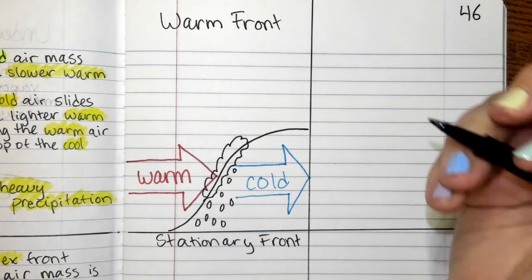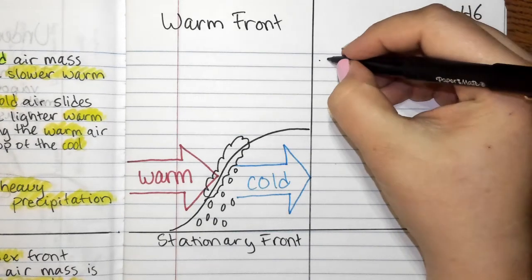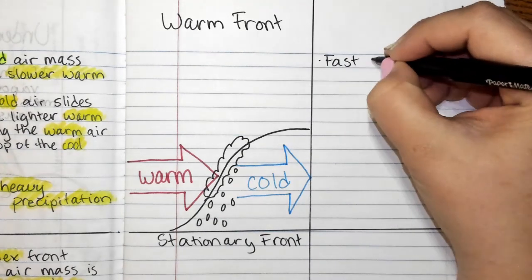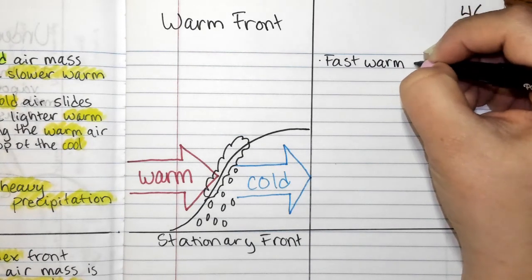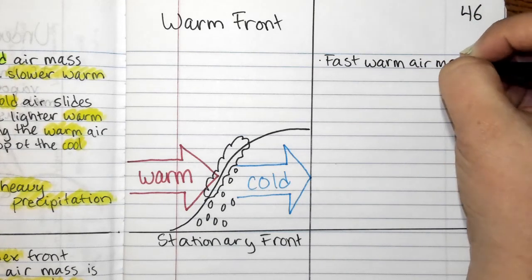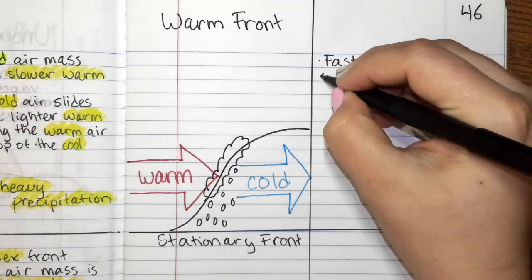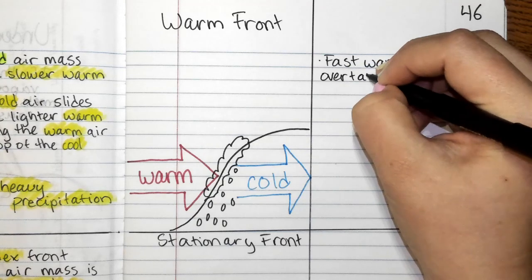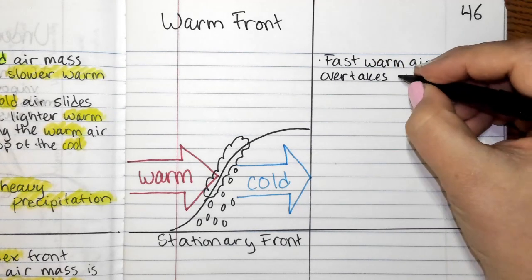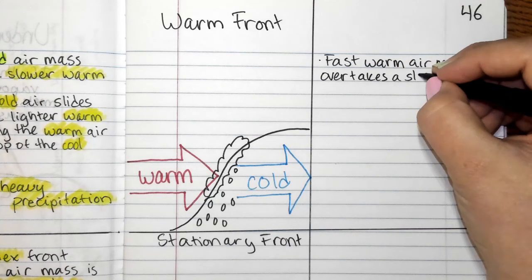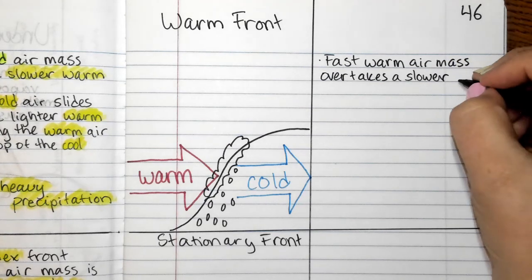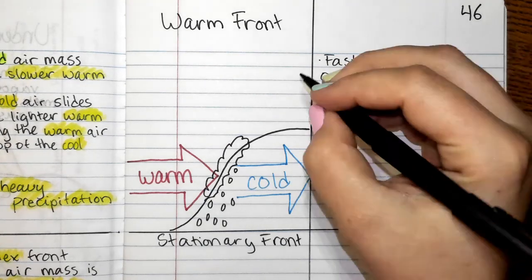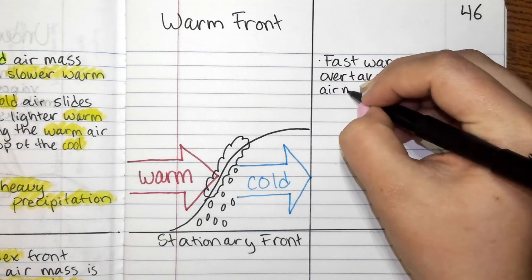Okay. Our notes for these is that we have a fast warm air mass overtakes a slower cold air mass.